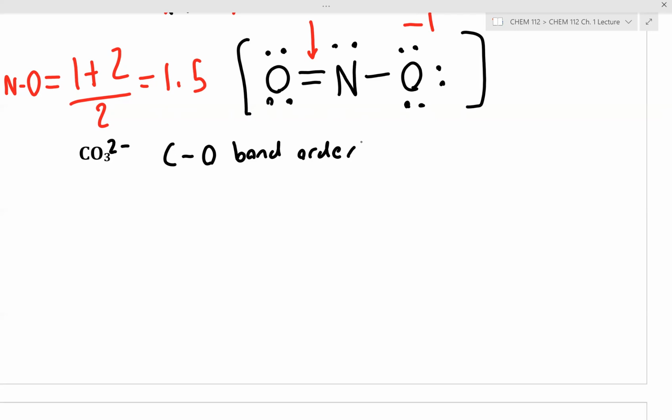Oh, and it's 2-. So what's the average bond order?